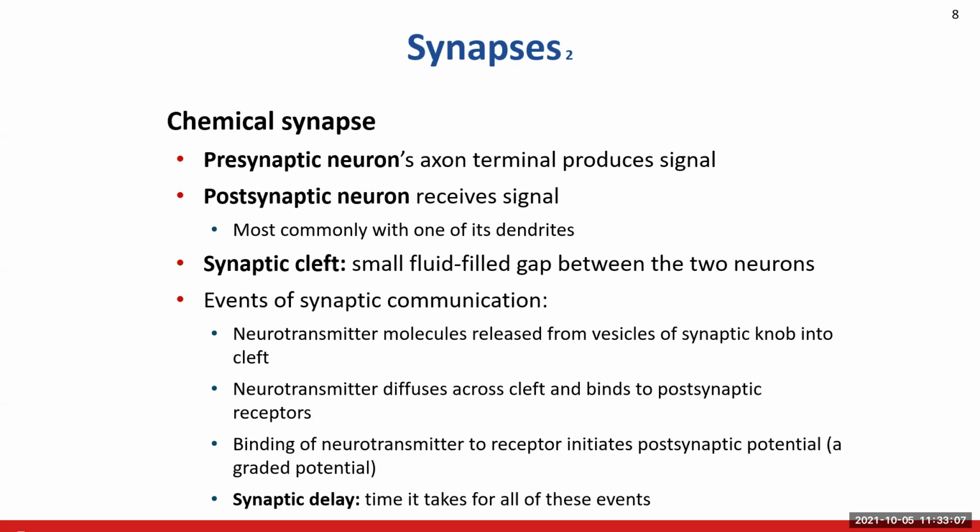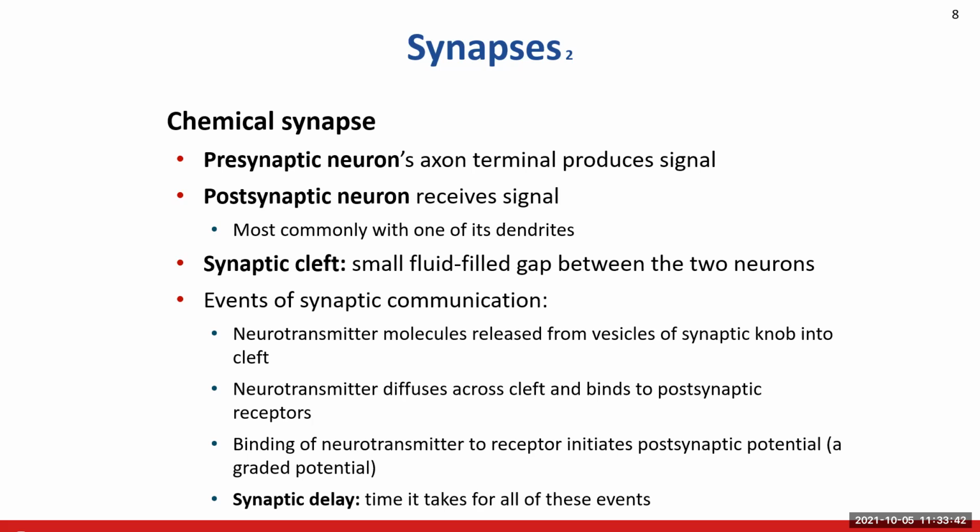Those chemicals diffuse across the cleft to the postsynaptic side, where you'll have these postsynaptic receptors. As long as that receptor matches the neurotransmitter, the neurotransmitter is going to bind onto the receptor. Then it's going to initiate what we call a postsynaptic potential, otherwise known as a graded potential. I'll explain what a graded potential is in a little bit.